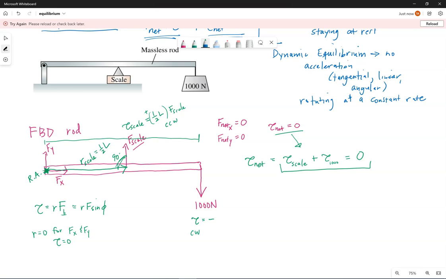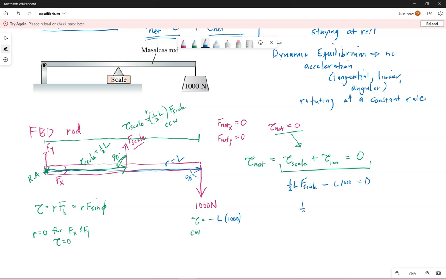The lever arm starts at the rotation axis and goes all the way out to the end. So this is the entire length of this rod. So R is L, the force is 1,000 newtons. These are already perpendicular to each other, so sine of 90 is 1. So these numbers are what are going in for my torques in the net torque needing to be 0.